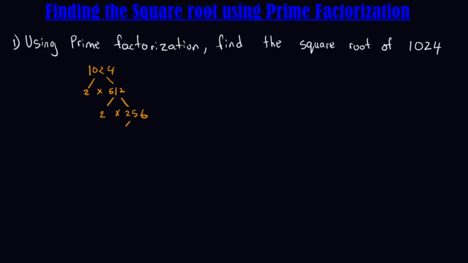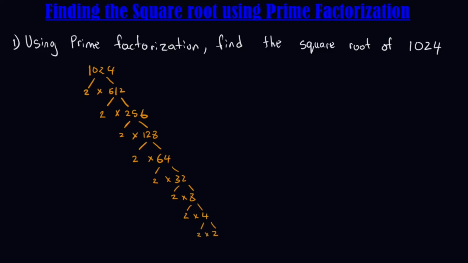We break up the 256 into 2 times 128, then the 128 into 2 times 64, the 64 into 2 times 32, the 32 into 2 times 8 and the 8 into 2 times 4. And the 4 into 2 times 2.